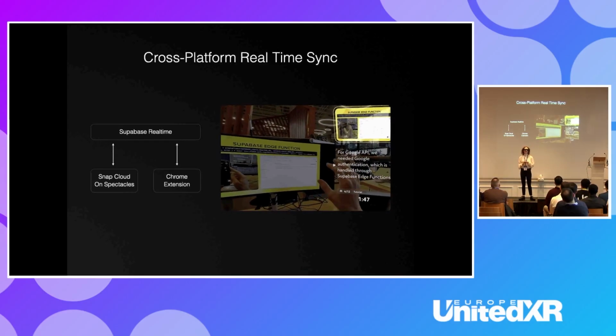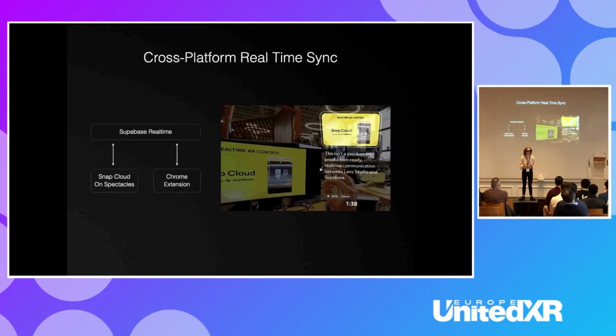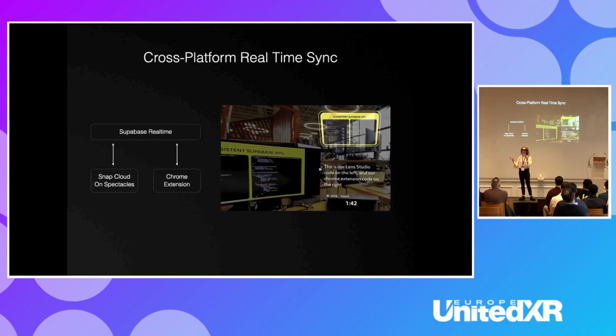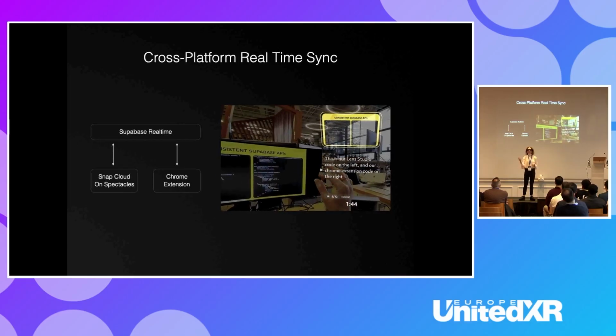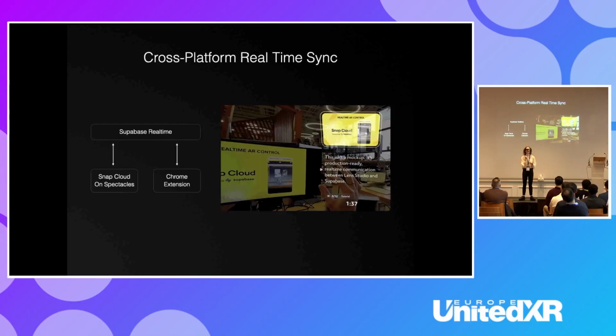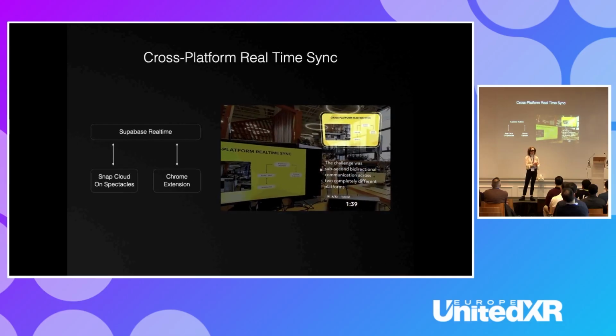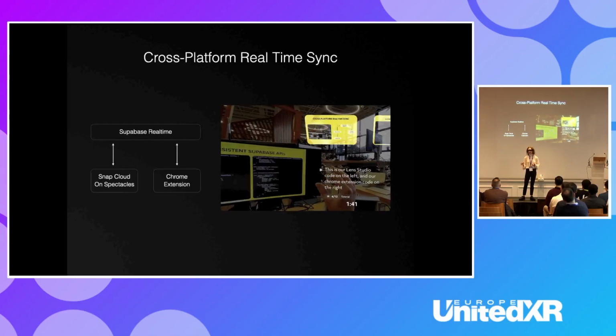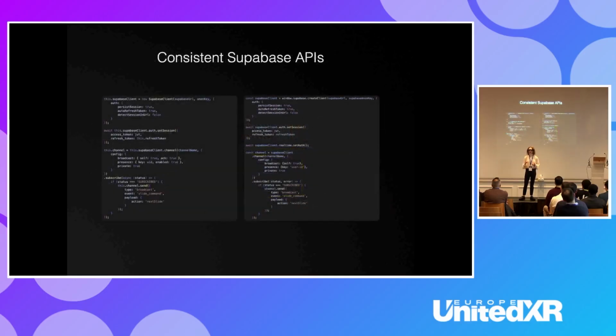SnapCloud's Supabase integration bridges this gap by abstracting the complexity of WebSocket connection management, message serialization, authentication, and connection resilience in an API that is consistent across Spectacles and the web. This is our Lens Studio code on the left and our Chrome extension code on the right. The Supabase API integrations are mirror images.